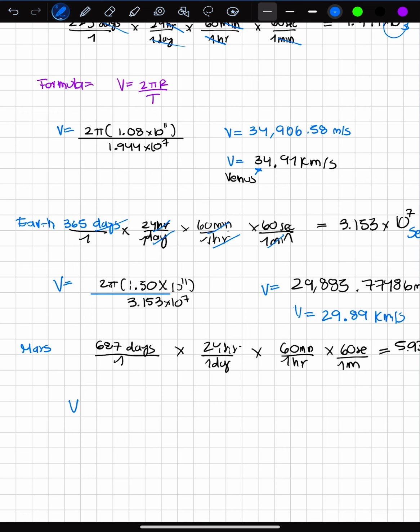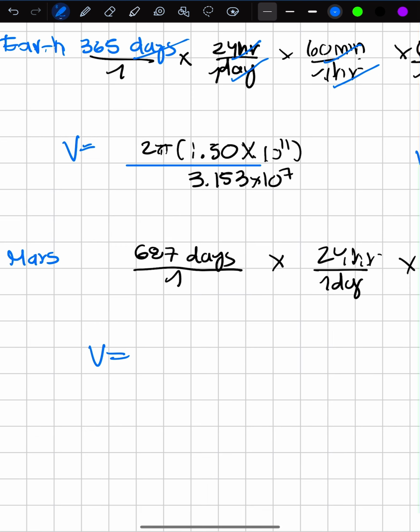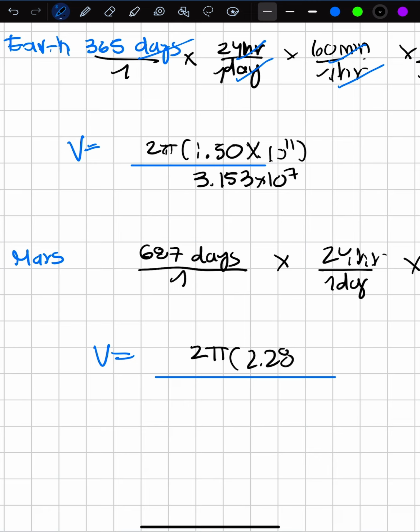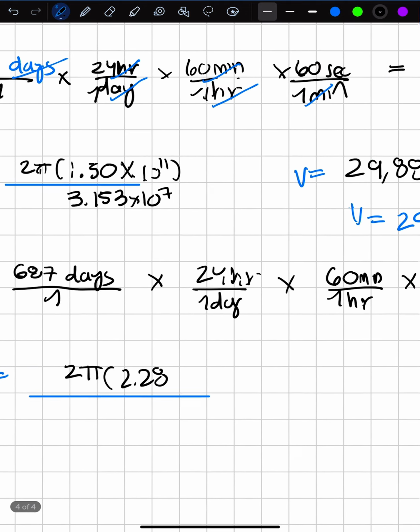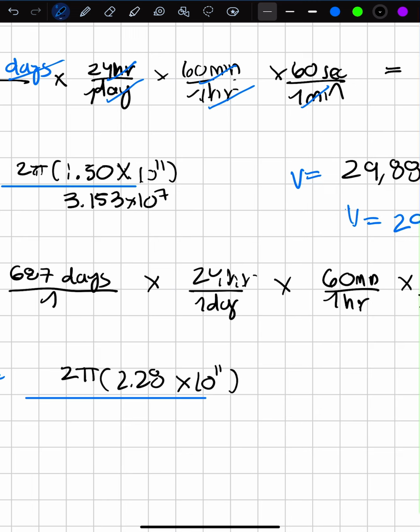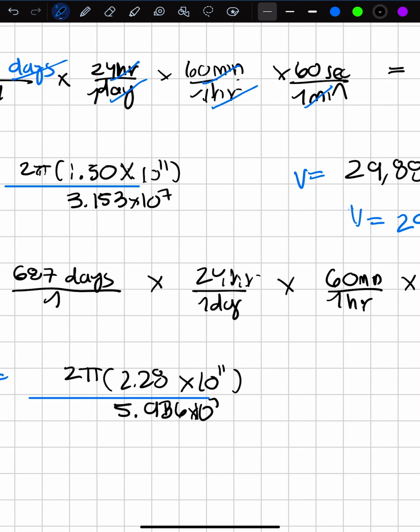And now we're going to plug into our calculator. So let's put it into the formula and then enter it in our calculator. So we have the radius, which they gave to us, is 2.2 in scientific notation, over the seconds that we got, which is 5.936.